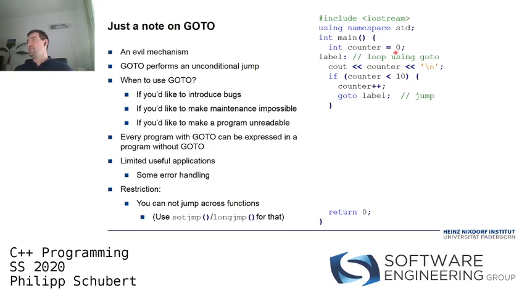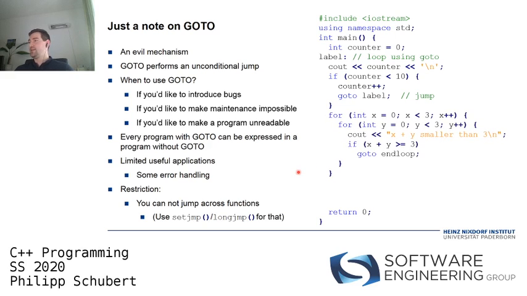And at one point, of course, the counter will be 10 or even greater than 10. And if the counter is 10, we don't enter this if branch here anymore. And then we just continue our execution after the if branch. Here we just have some nested for loops because we can.